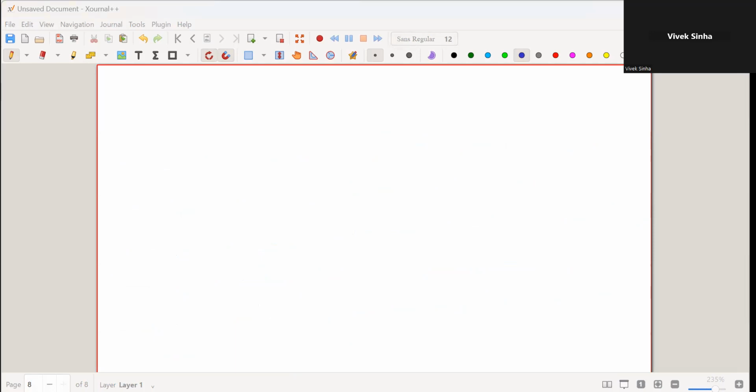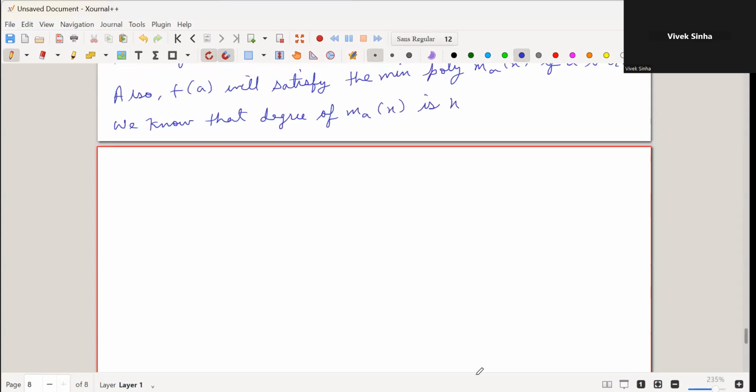And we have already seen that any finite extension is separable, and F_{p^n} is separable over F_p, because any finite extension of F_p is separable, that we have already seen.